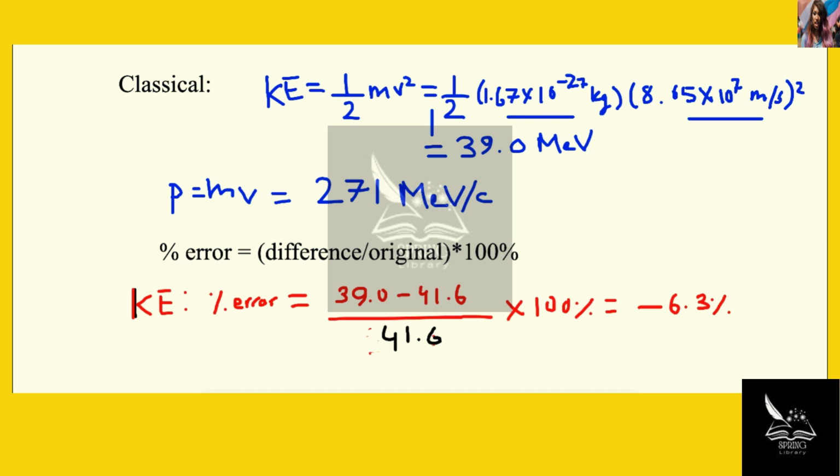Okay? And finally, for momentum, the percentage error is 271, which is the classical value, minus 282.4, which is the relativistic true value, over 282.4.